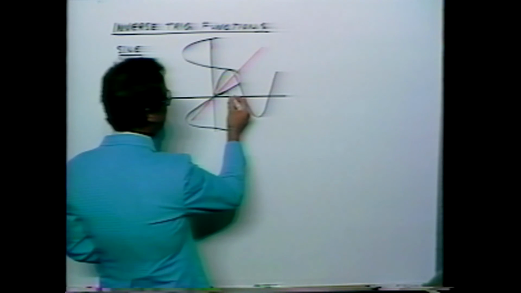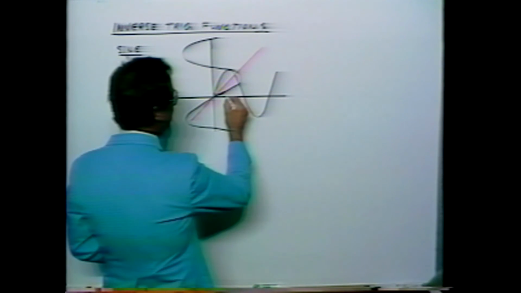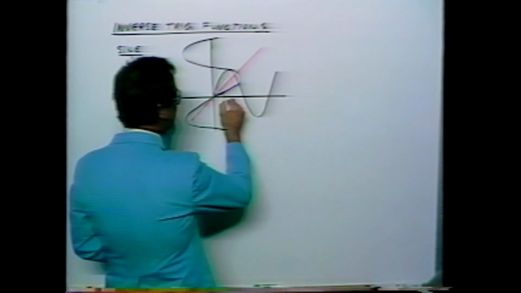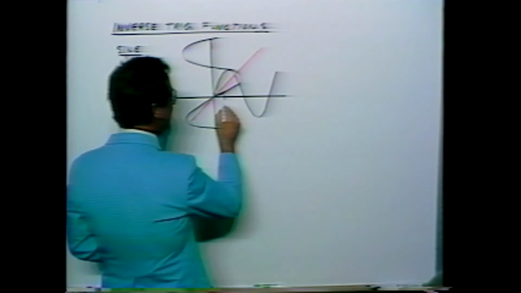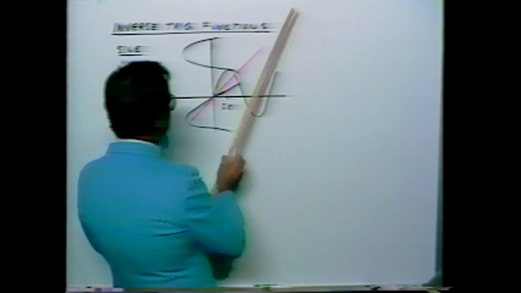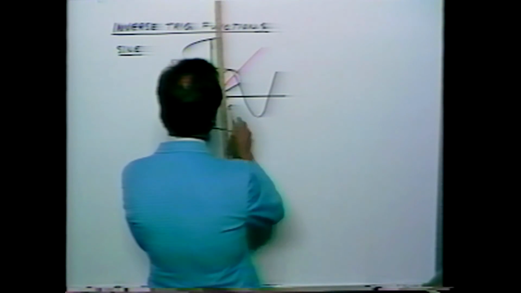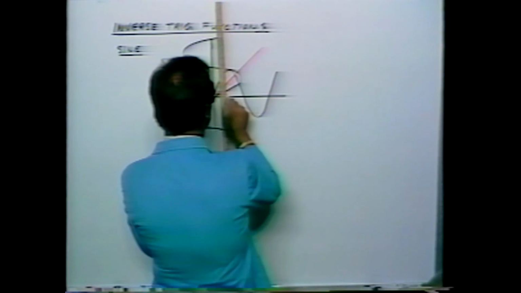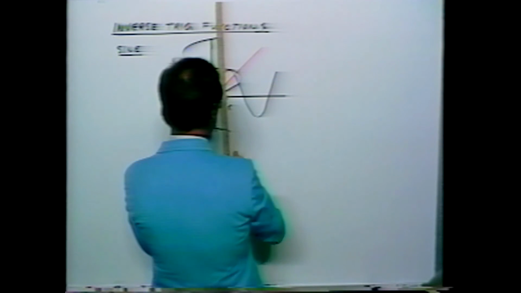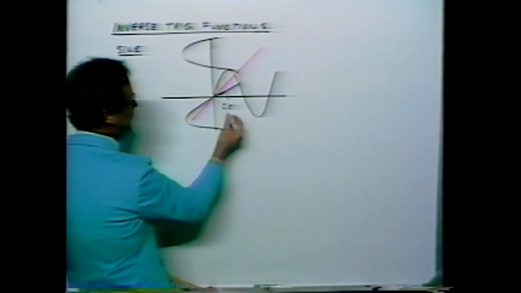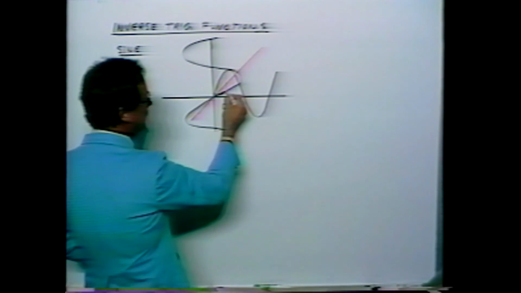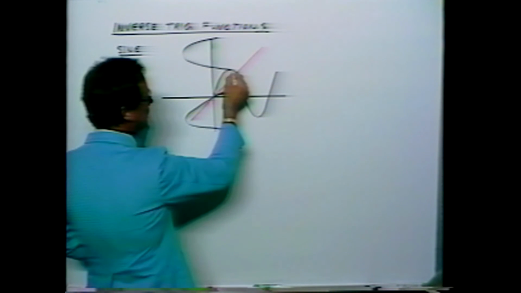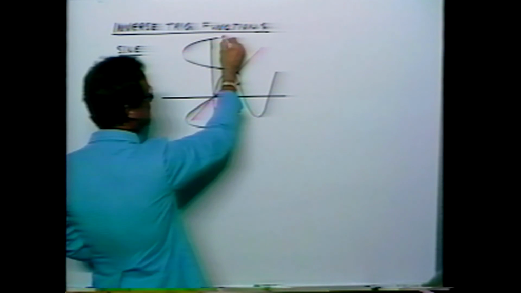For a given number of angles for a given functional value, let's say 0.5, the number of times a line drawn through 0.5 and extended vertically cuts through the curve is an infinite number of times.